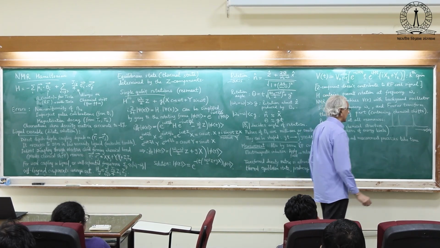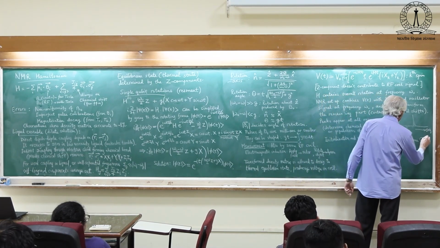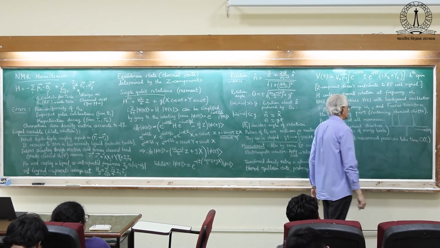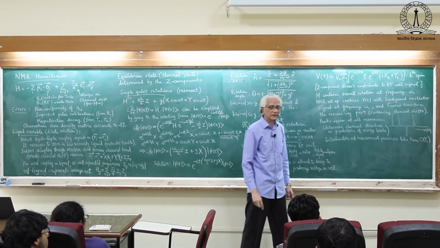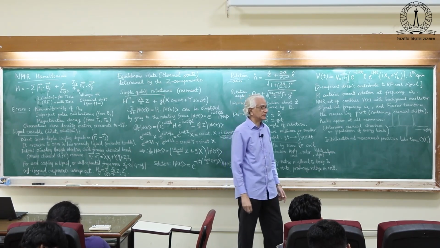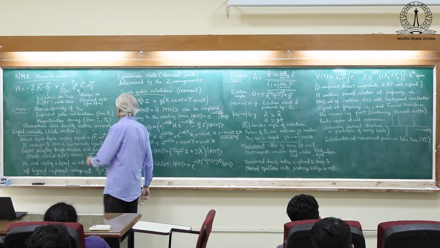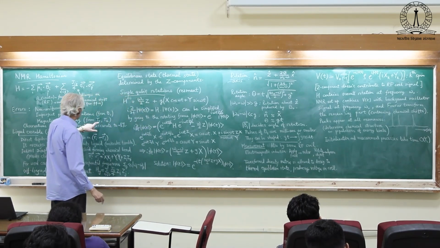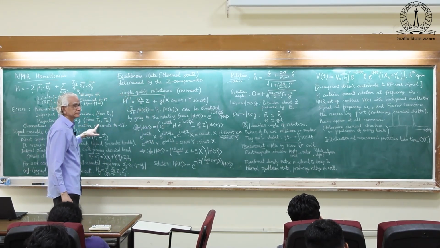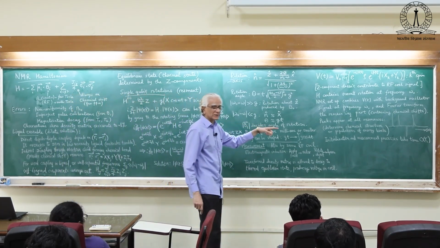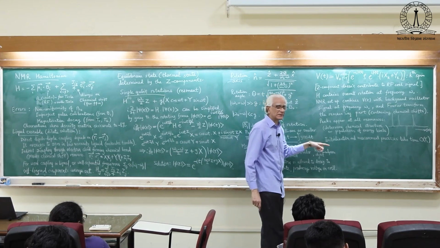occurs at a particular time scale, and this is the equilibration time scale of various energy states, which I had mentioned last time. For the decay, it's the time scale T1. So this is actually the longest part of the whole experiment.